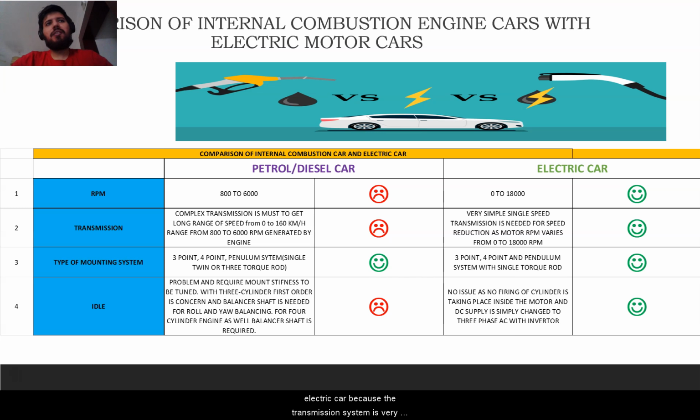In terms of transmission, again electric car, because the transmission system is very simple. Single speed transmission. For the type of mounting system, both are the same and the same type of mounting system can be used, but for electric cars the mounts are simpler and not very complex. For idle and key-on, key-off, the clear winner is the electric car.